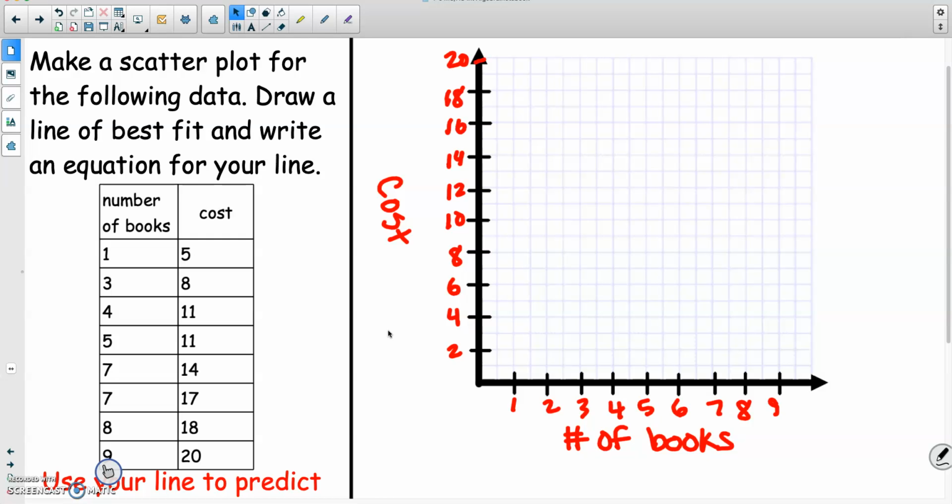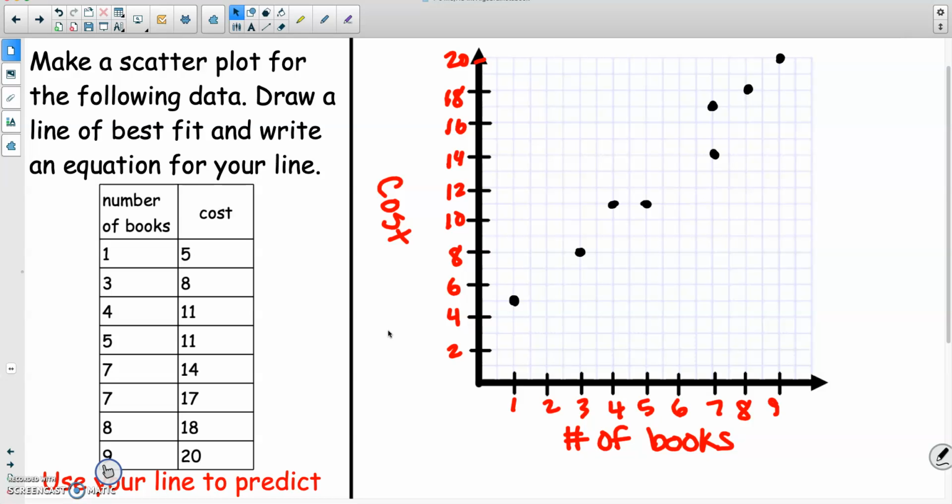Okay, so 1 is 5, 3 is 8, 4, 11, 5, 11, okay, 7, 14, and 7, 17, 8, 18, and 9, 20.